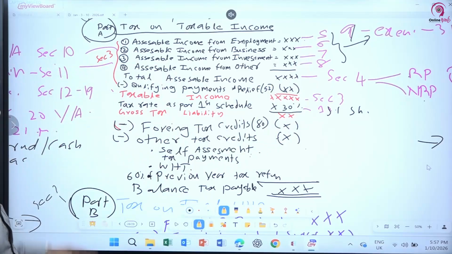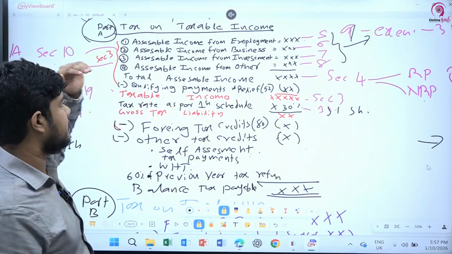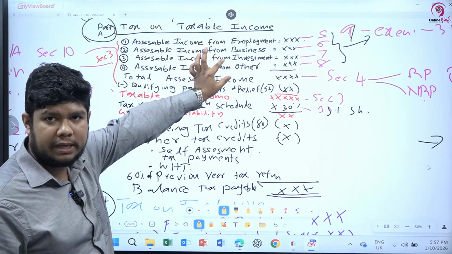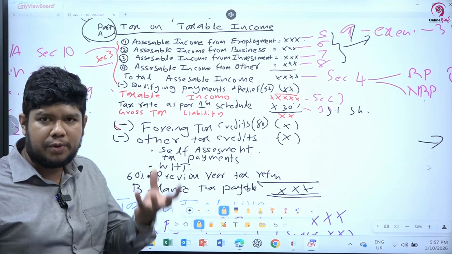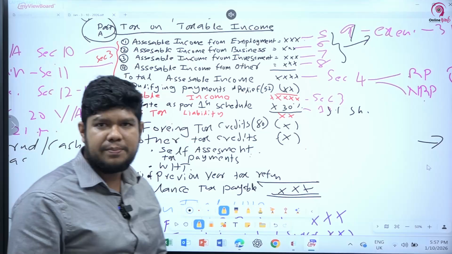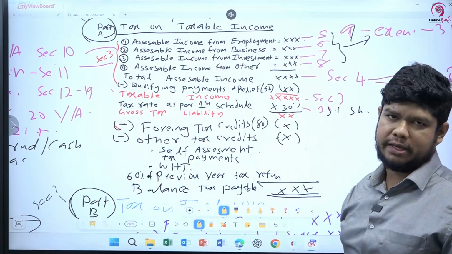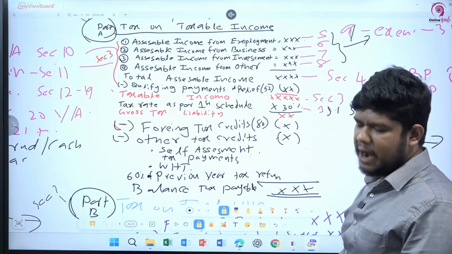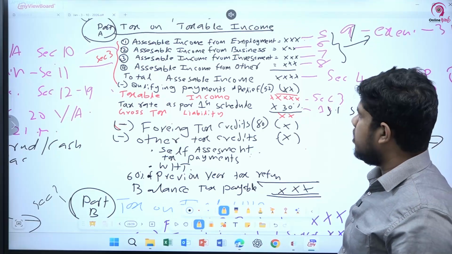For a non-resident person, if you are computing income, you include only employment income in Sri Lanka. If he is employed in Sri Lanka, only that income you take. If he is doing a business in Sri Lanka, only that income you take. If he is making any investment in Sri Lanka, only that income you take.